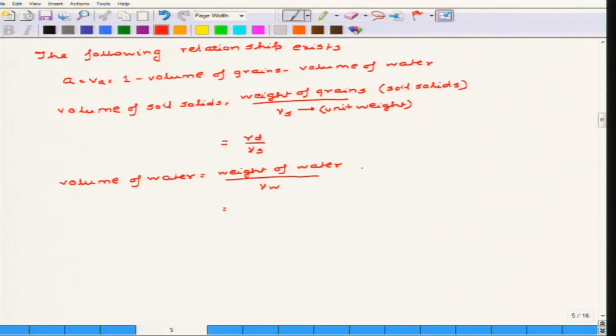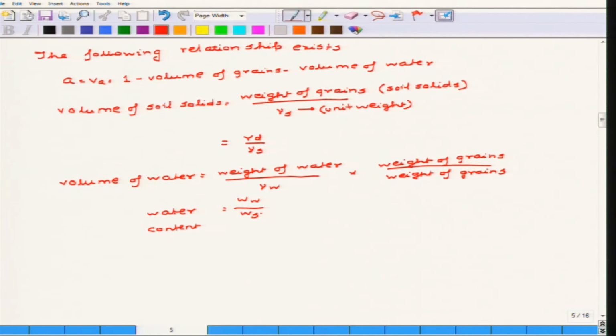So now what we will do is multiply the top and the bottom by the weight of grains. So we will multiply at the top with the weight of grains and we will multiply the bottom by the weight of grains. We all know that the water content of a soil can be written as the weight of water by the weight of grains, or the weight of the soil solids.